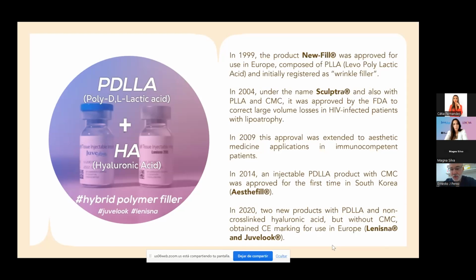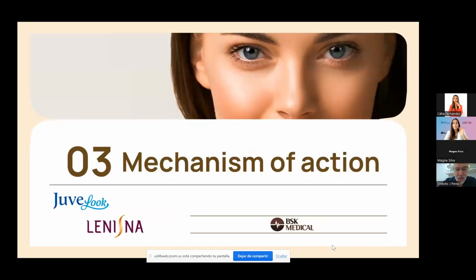In 2014, a new product appeared with a mixture of levo and dextropolylactic acid, and in 2020, two new products with PDLLA and non-cross-linked hyaluronic acid, but without carboxymethylcellulose, this is important, obtained the CE marking for use in Europe, but they have been used for a lot of years before in South Korea.